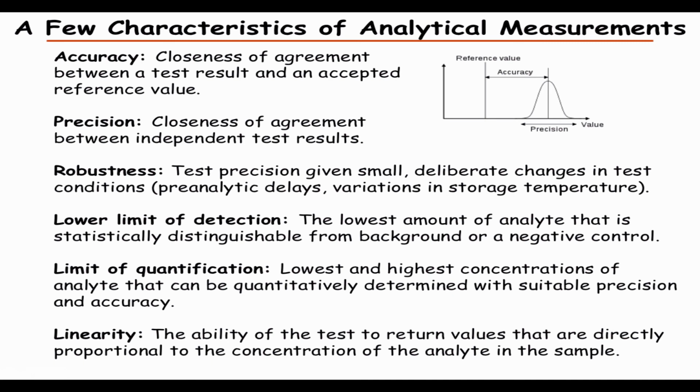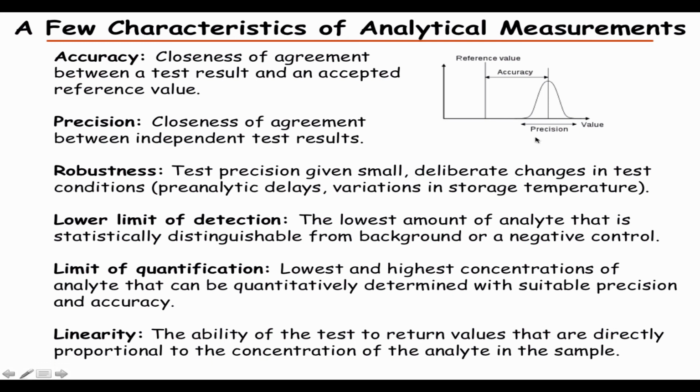One is the accuracy. Accuracy is how well you can measure and how close what you measure is to what really is in the sample. And this is to distinguish from precision, which is how you can repeatedly measure the same thing, and how reproducibly you can measure.